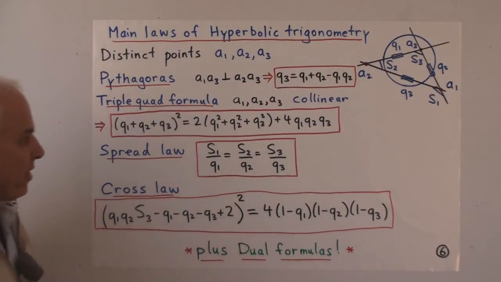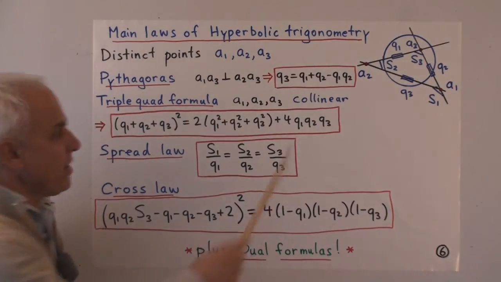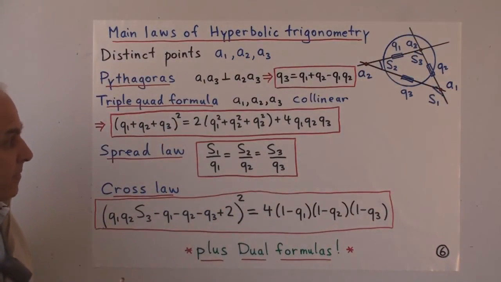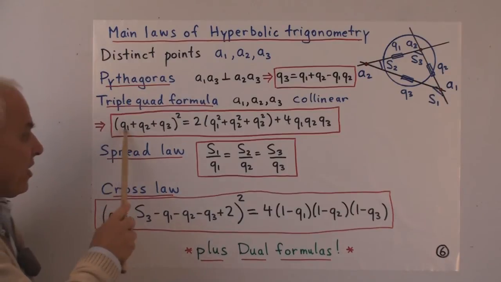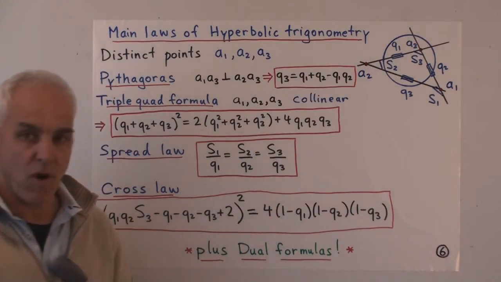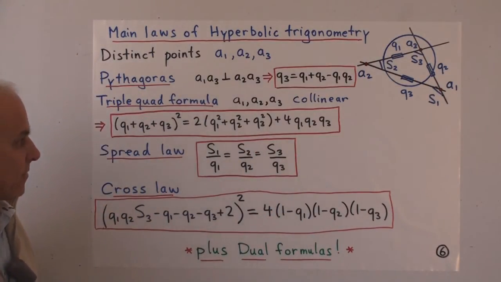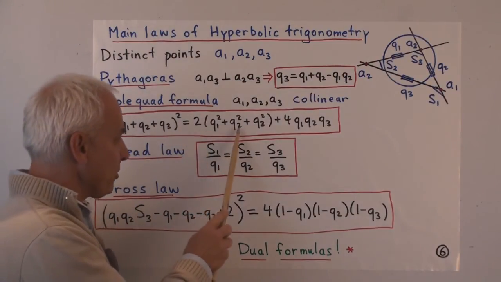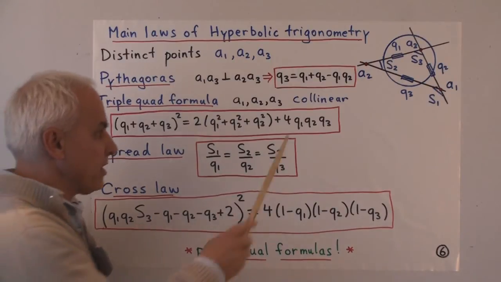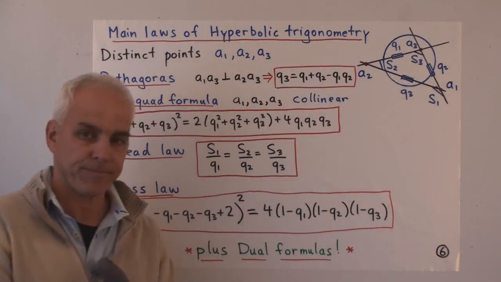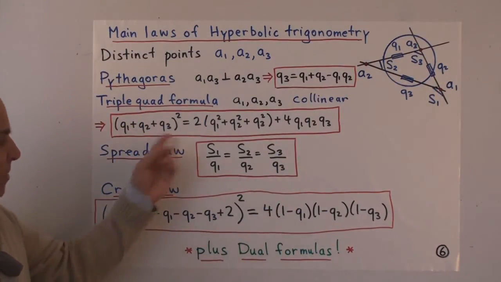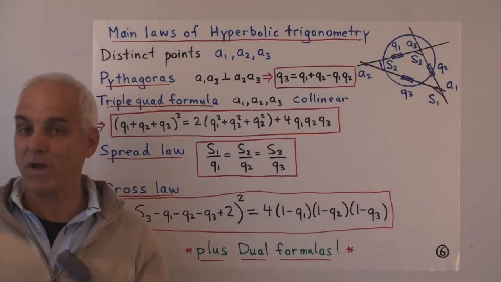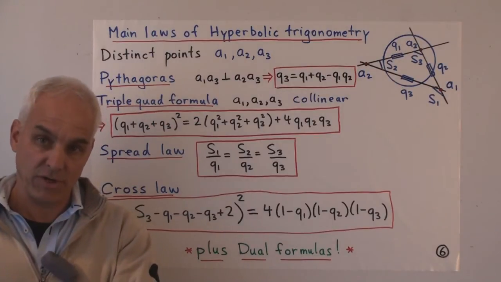Next, the triple quad formula. The 3 points A1, A2, and A3 being collinear implies this relationship between the 3 quadrances. Q1 plus Q2 plus Q3 squared equals 2 times Q1 squared plus Q2 squared plus Q3 squared plus 4 Q1 Q2 Q3. And I hope that looks familiar. That's exactly the same form as the triple spread formula in rational trigonometry.